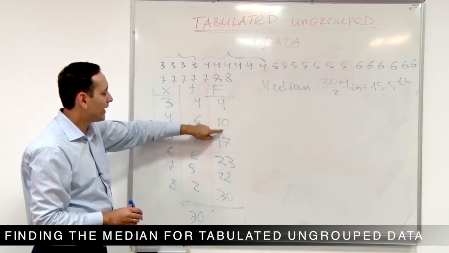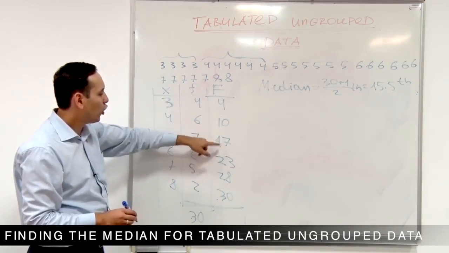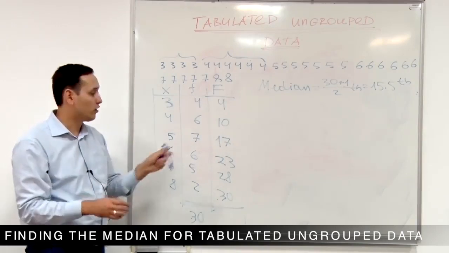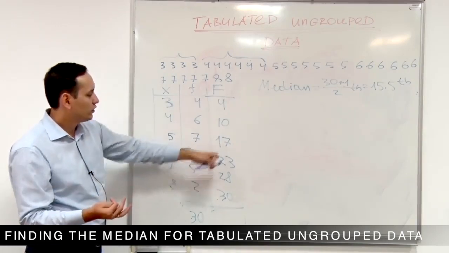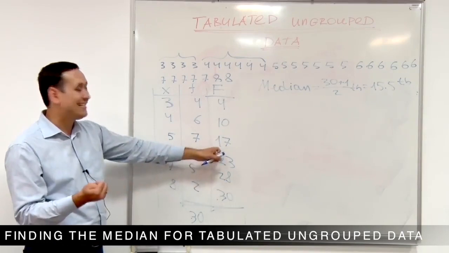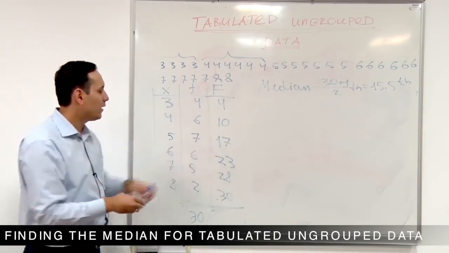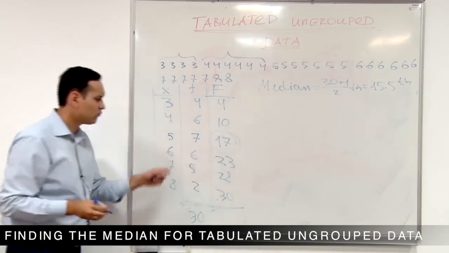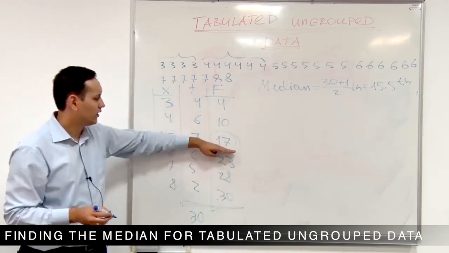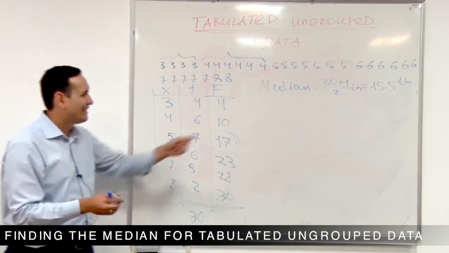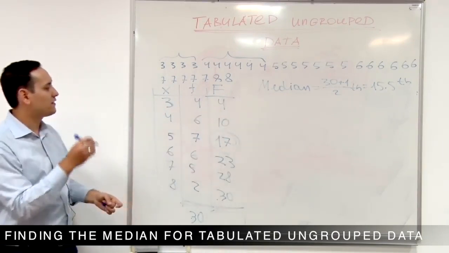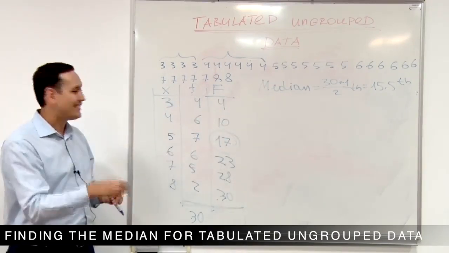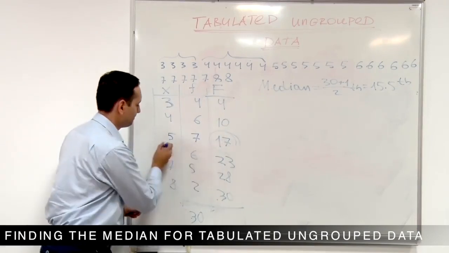Up to here, we have all the numbers from 11, 12, 13, 14, 15, 16, 17. So we choose this line because the 15.5 value sits in here.